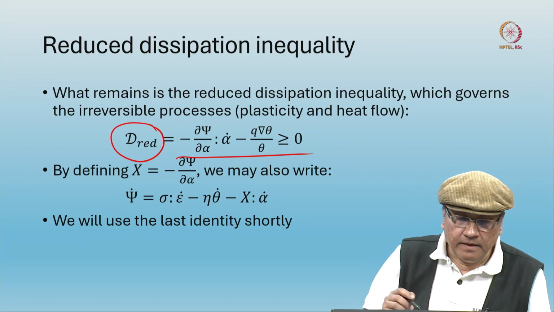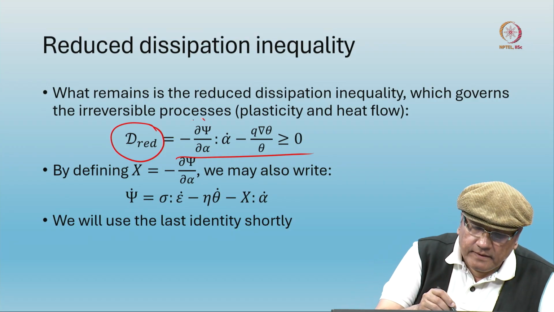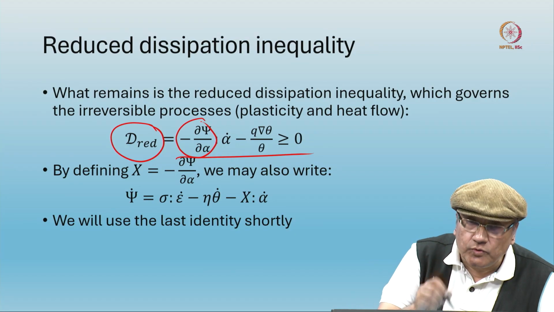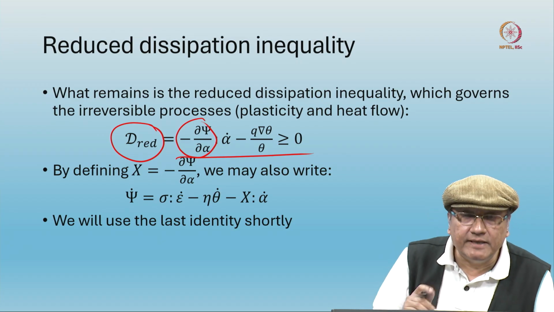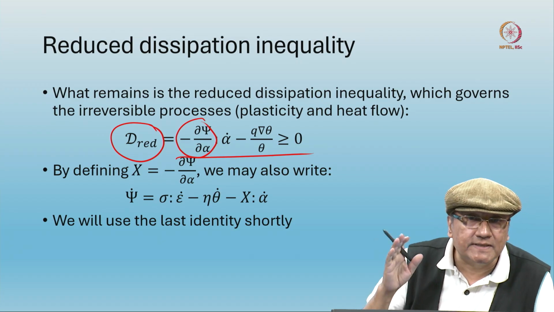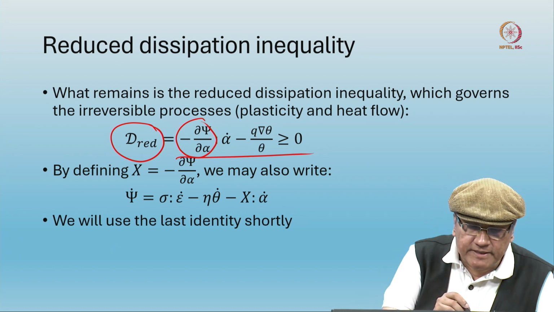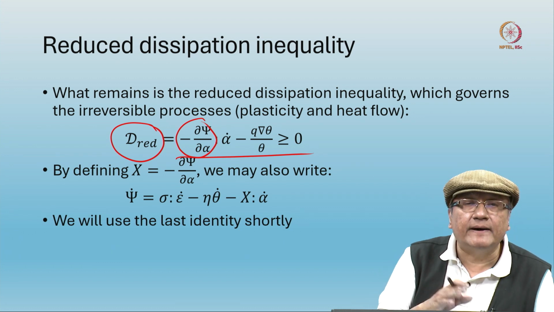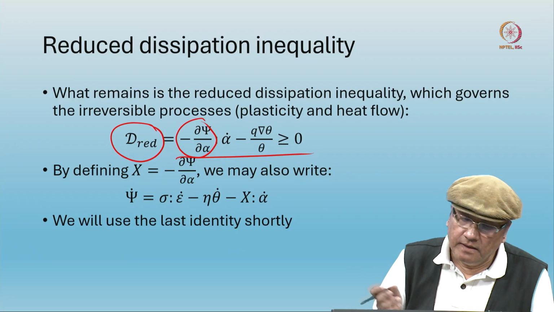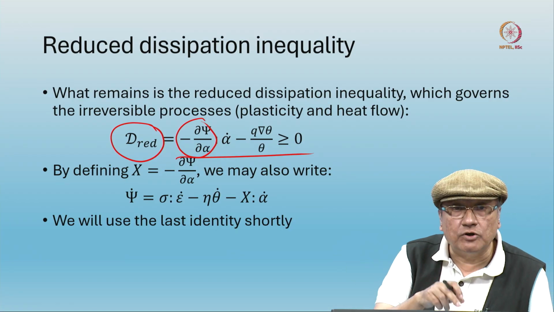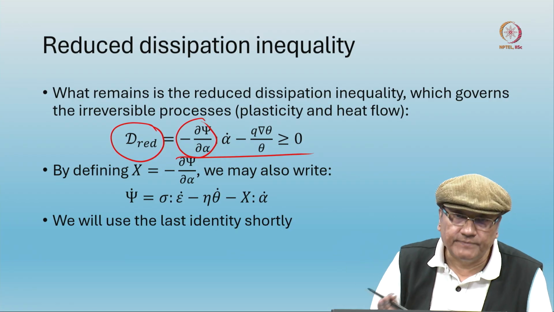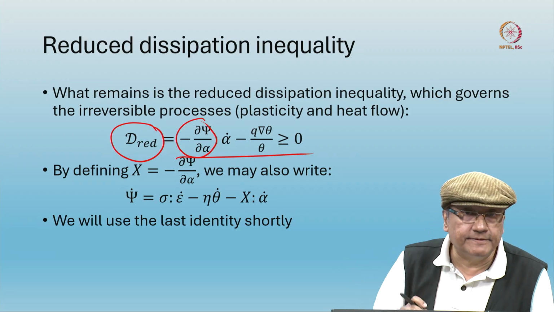Now, you can define this as conjugate to alpha dot. You can think of this as a kind of force-like object, a thermodynamic force, and call it X. So, X is minus del psi by del alpha. Acting on alpha dot, this X creates power, which is dissipated.